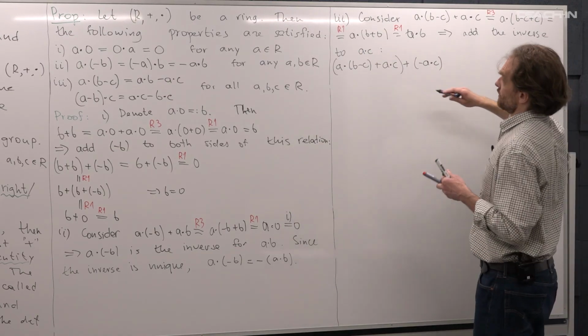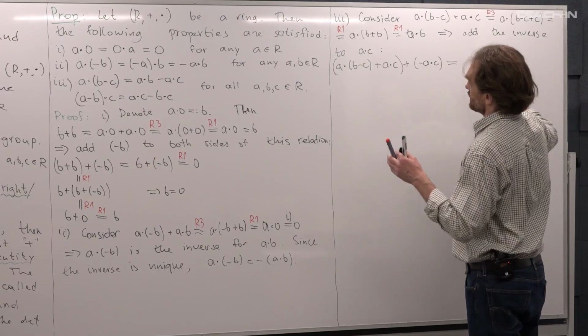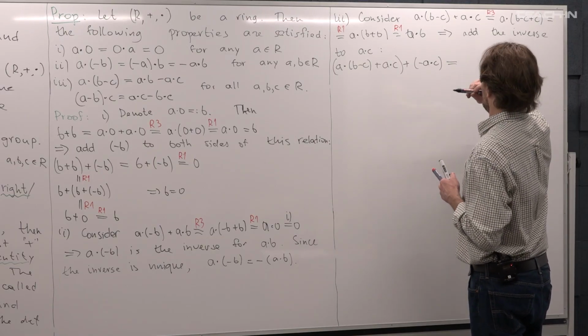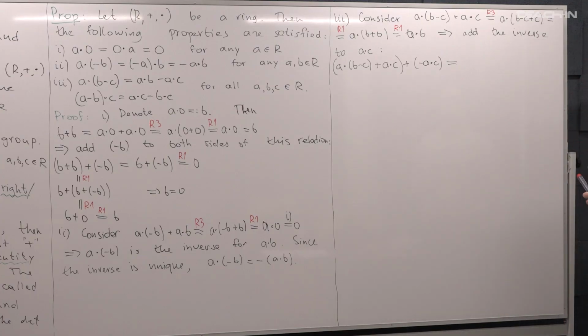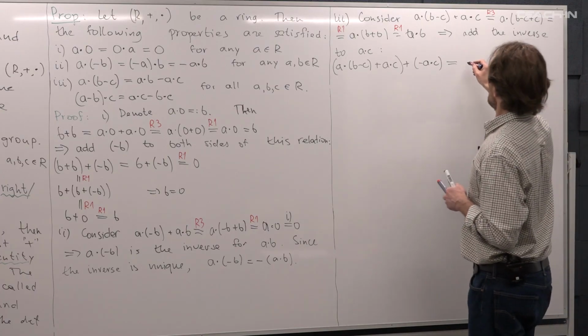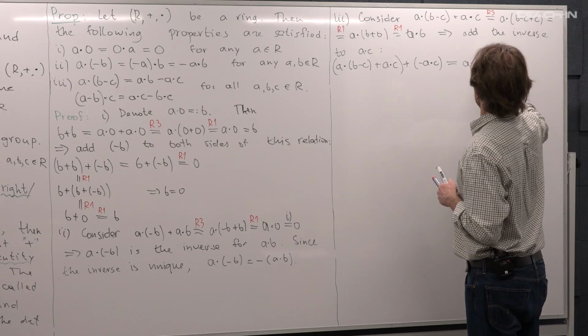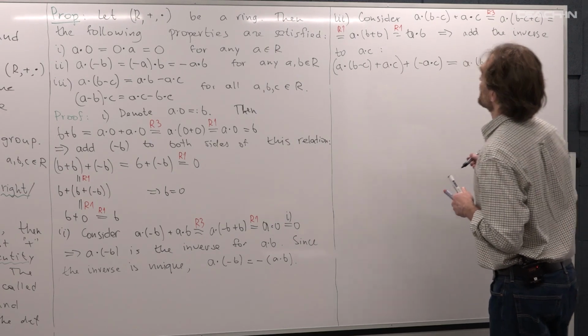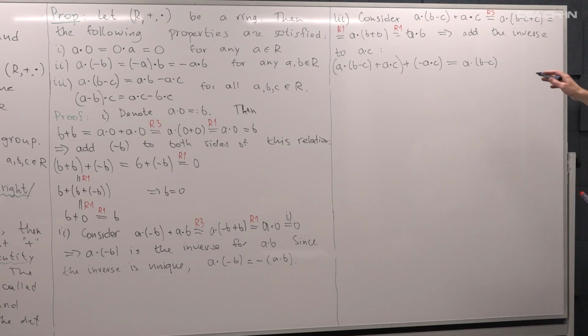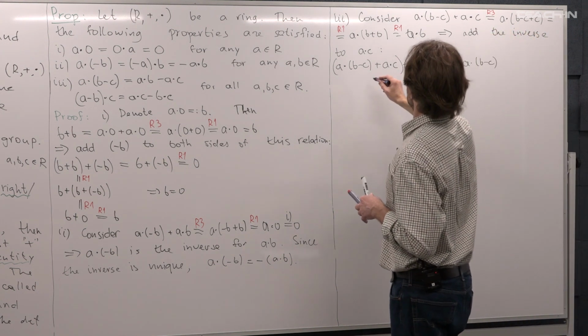So using the associativity, I will not go into the details just because we have already done this. So this is A multiplied by B minus C on one hand, and on the other hand we just use this relation.